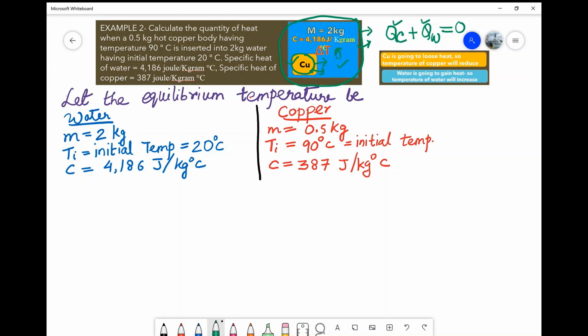Okay, and here we will use the same formula. Let's say the equilibrium temperature is TF, the final equilibrium temperature. So both the copper and the water will have a final temperature of TF. The water has a mass of 2 kg, an initial temperature of 20 degrees, and we know its specific heat capacity.